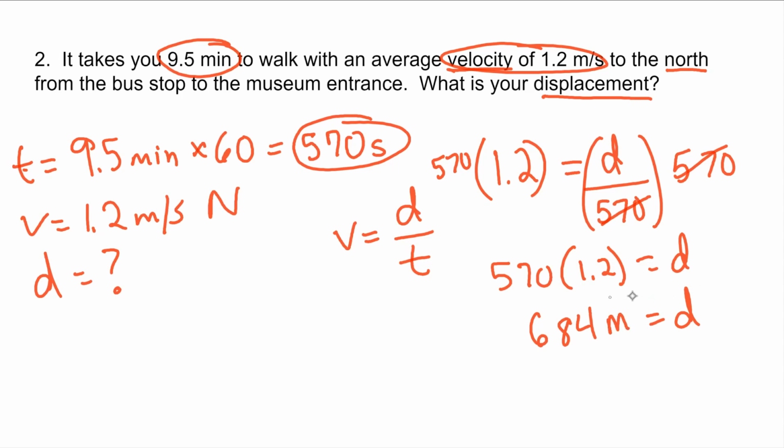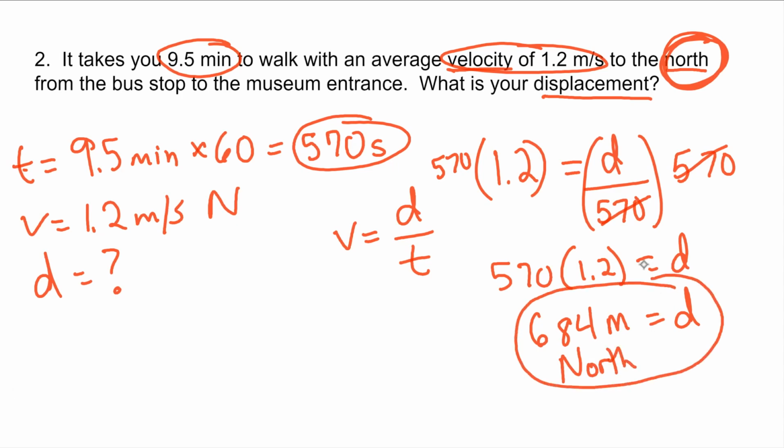So my final answer is 684 meters. Or is it? If this is displacement, I have to have my direction. So my absolute final answer is my displacement is 684 meters north.